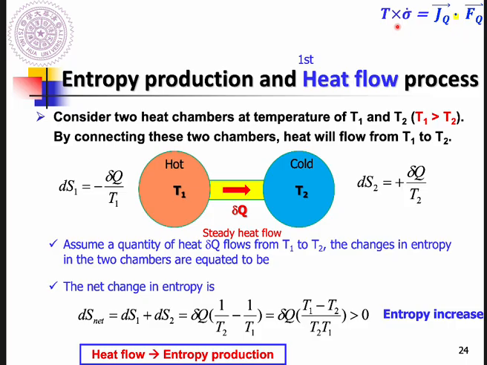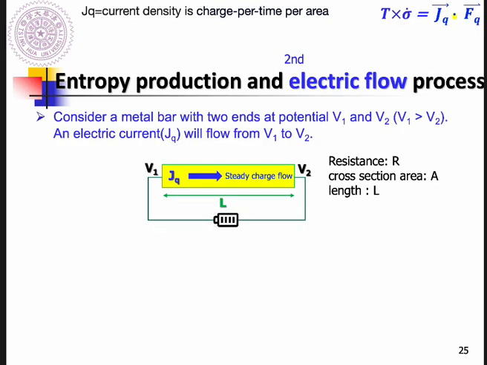Okay, so let's move to the second example, which is the steady electrical flow process. As I mentioned before, I just connect our metal bar or our materials to the battery and have a steady current flow passing through these materials.